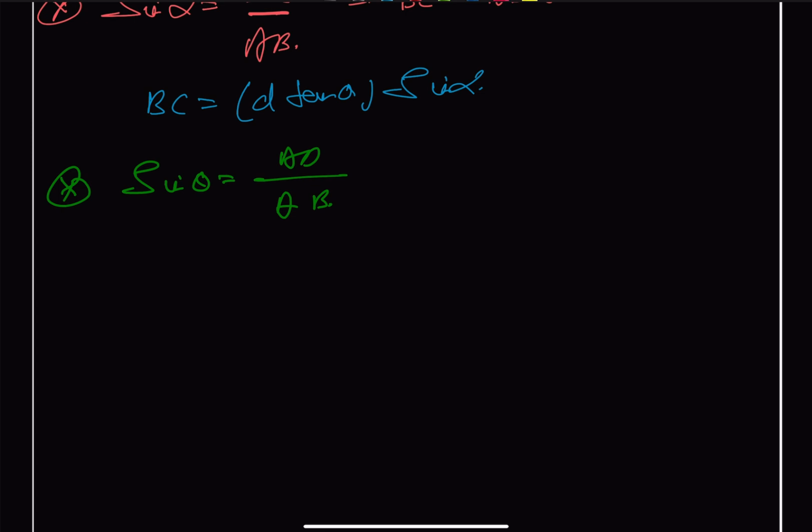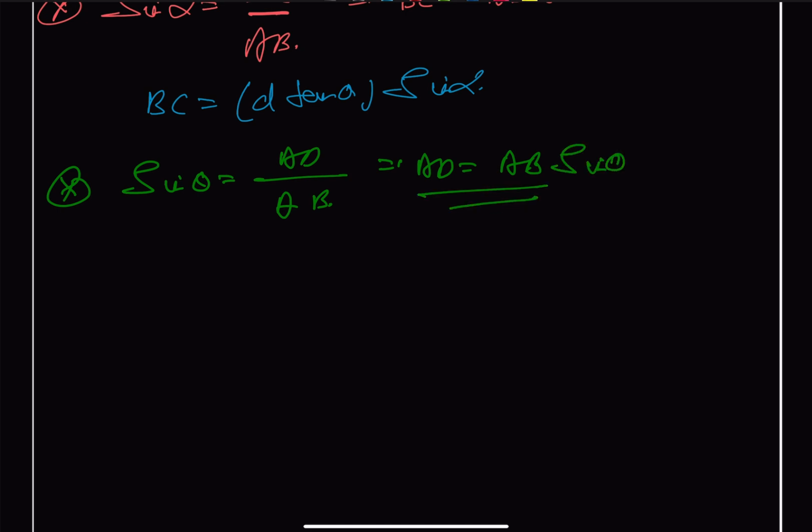Now the path difference. From here we can say that AD will be equal to AB sine of theta.